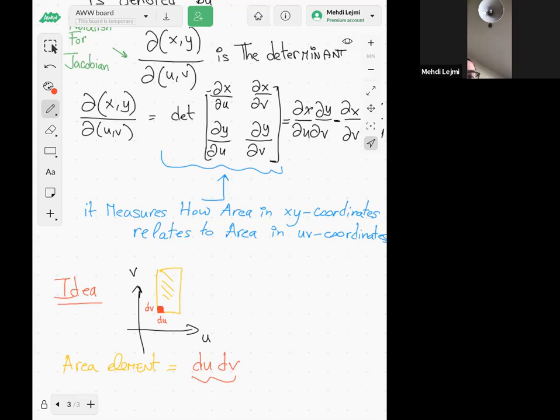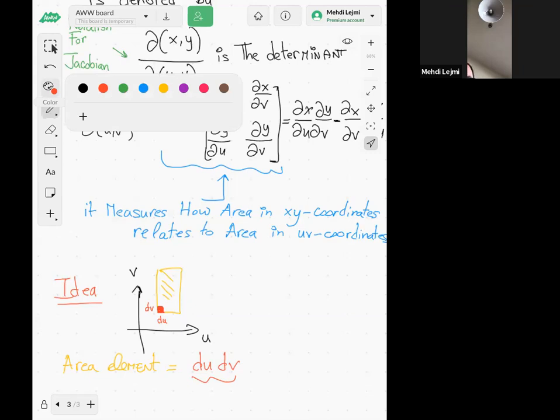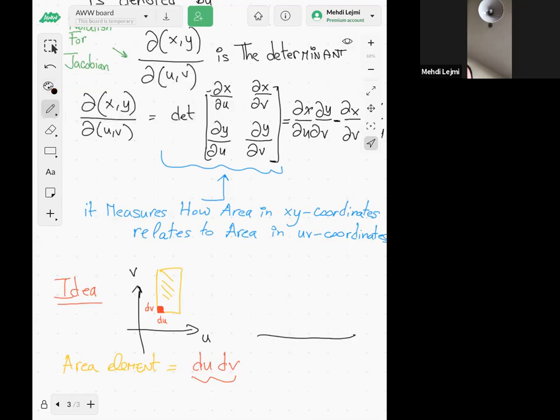And now what we are doing is transforming the coordinates. So now we have new variables. This is my x, this is my y. X and y both are functions of u and v.